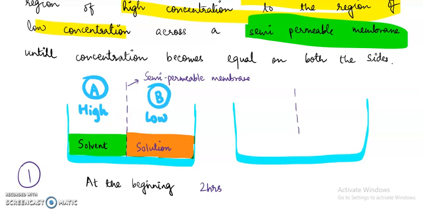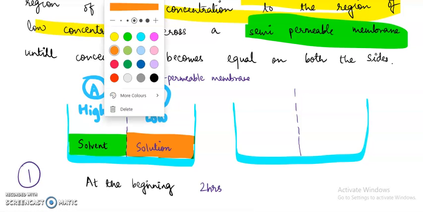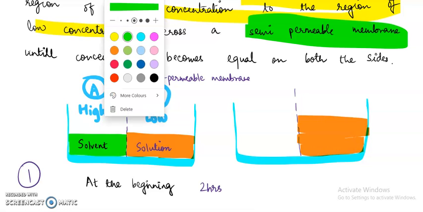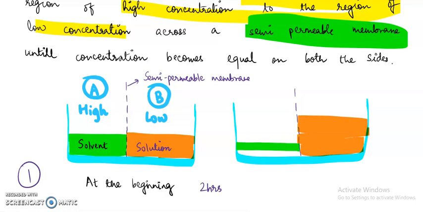What are we going to notice after 2 hours? After 2 hours you will notice that the level of the solution will become high, whereas the level of the solvent will become low.